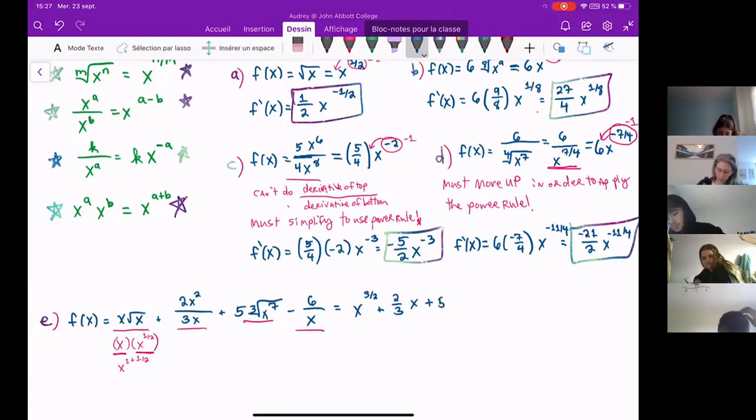Five x to the 7/3, you got it. And then minus, what about my last term? So that 6 is a constant. So I'm gonna move that 6 to the front, and then I'm just gonna have x to a power. So the 6 is like the k from the rule.